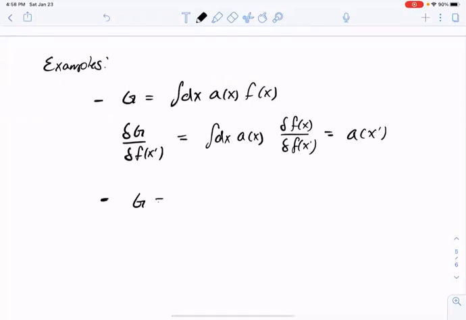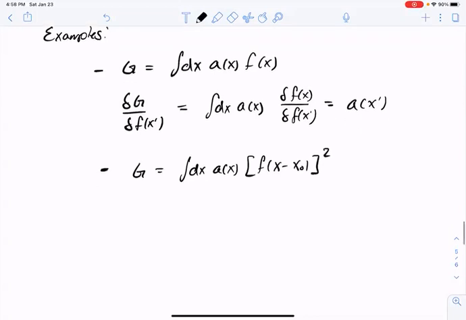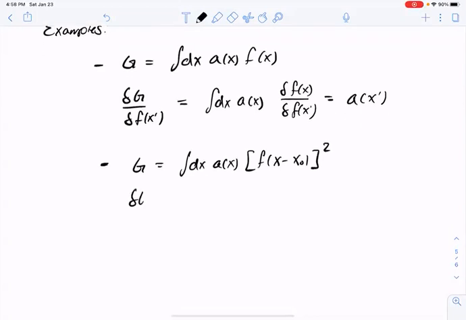Slightly more complicated, if I define the functional g as an integral a of x, say, times f of x minus x naught, quantity squared, and ask for changes in g with respect to f of x prime.